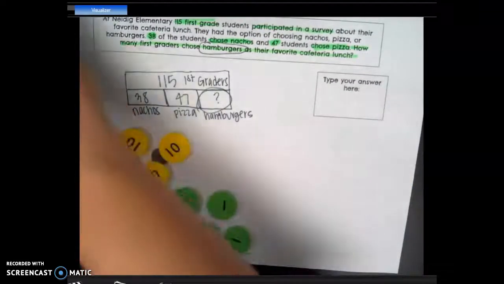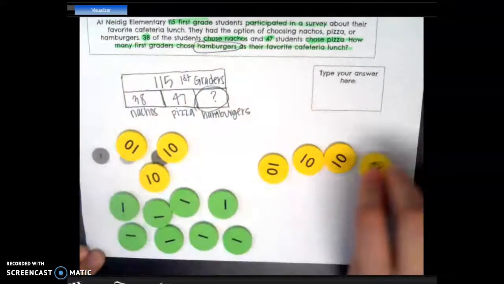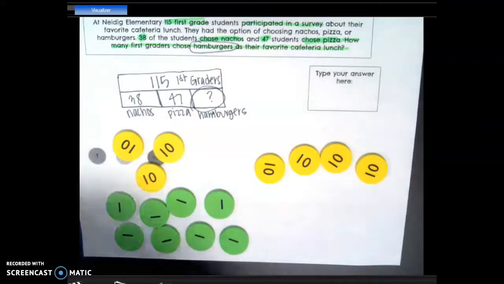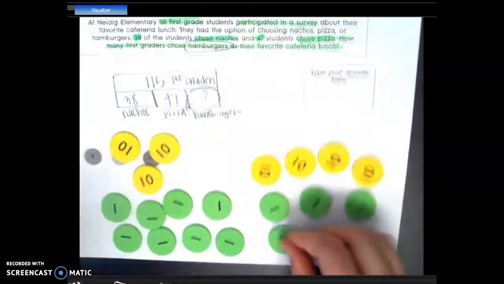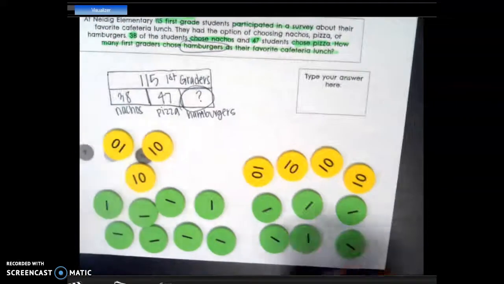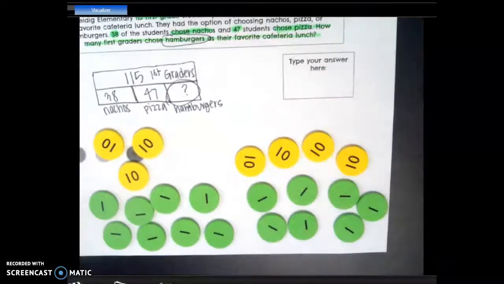And 47 students like pizza. That is a lot of ones.